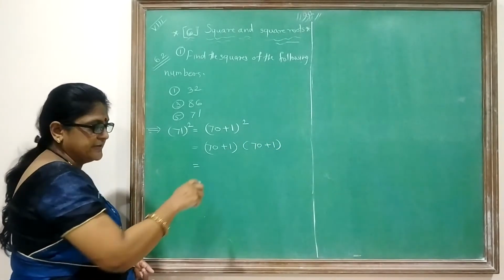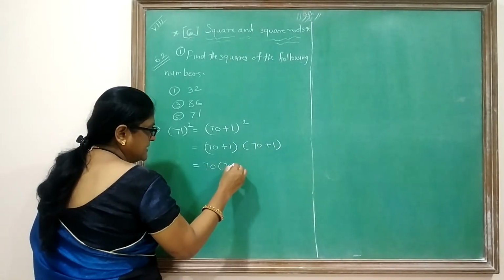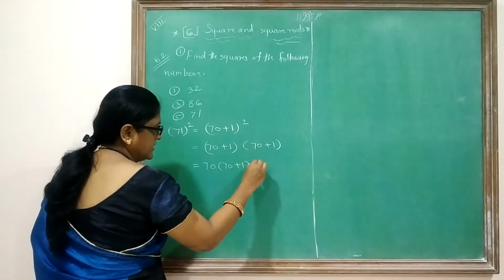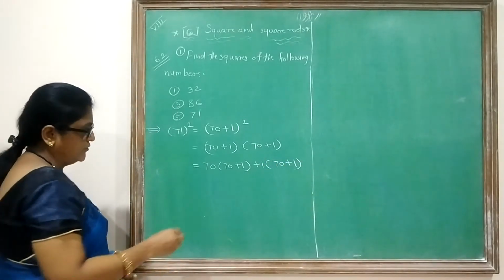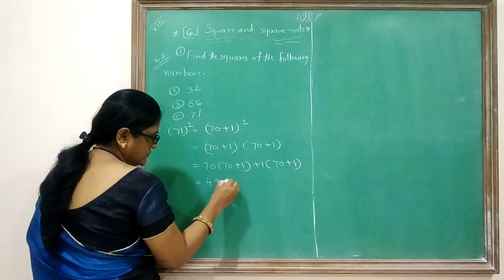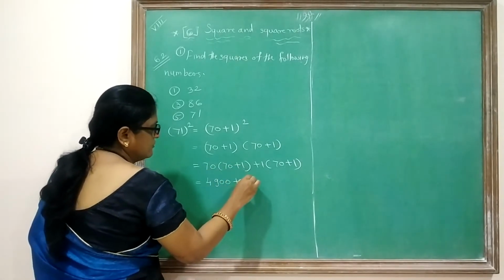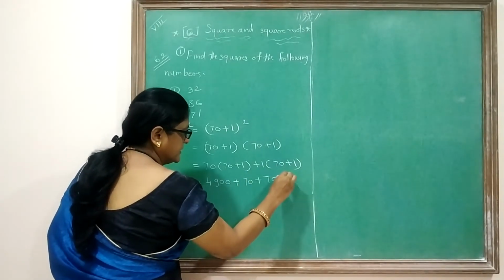Again you will write this: 70 is multiplied by this whole bracket, and this plus 1 is multiplied by this whole bracket, that is 70 plus 1. Again you will write 70 into 70, that is 4900, plus 70 into 1, that is 70, plus 1 into 70, that is 70. 1 into 1, that is 1.